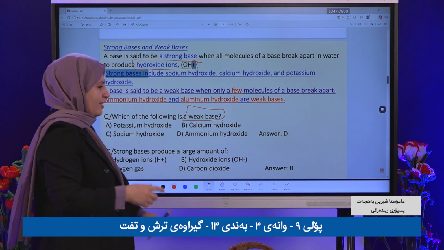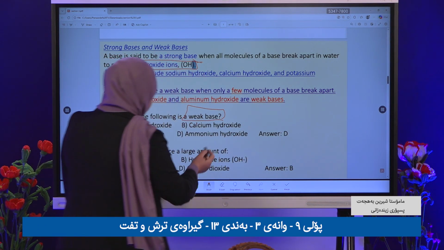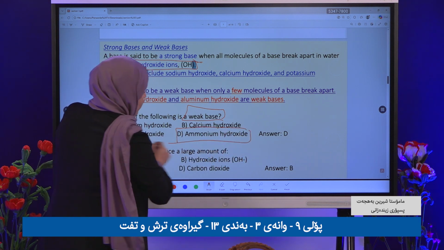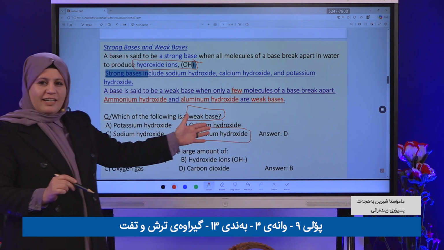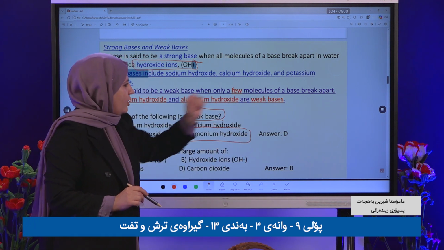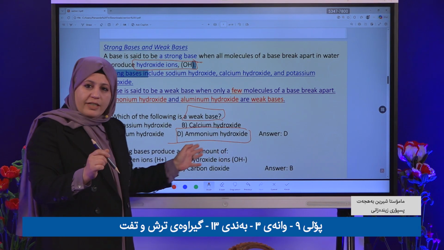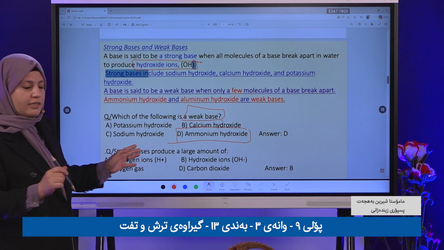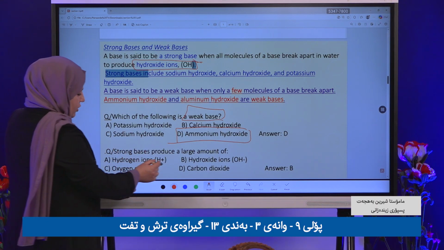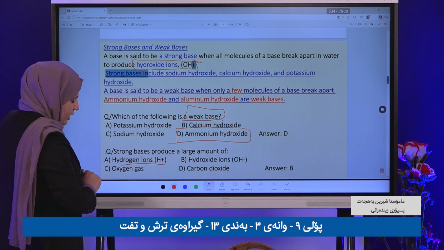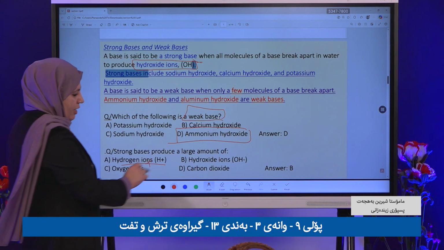The answer is in front of you. Ammonium hydroxide is the answer, a type of weak base. This is from the national exam. A strong base produces a large amount of what? Hydrogen ions? No. Hydroxide.